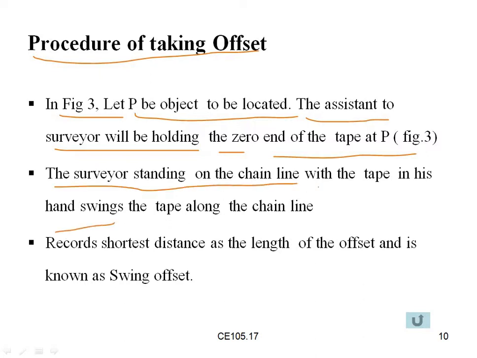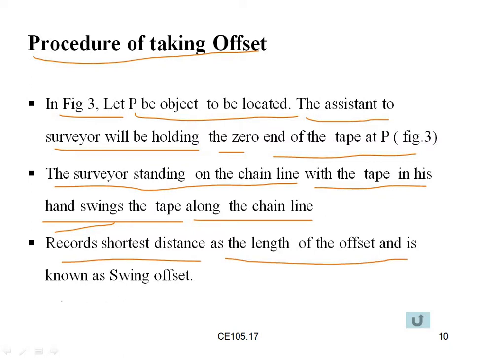The surveyor standing on the chain line with the tape in his hand swings the tape along the chain line and records the shortest distance as the length of the offset, and this is known as swing offset.